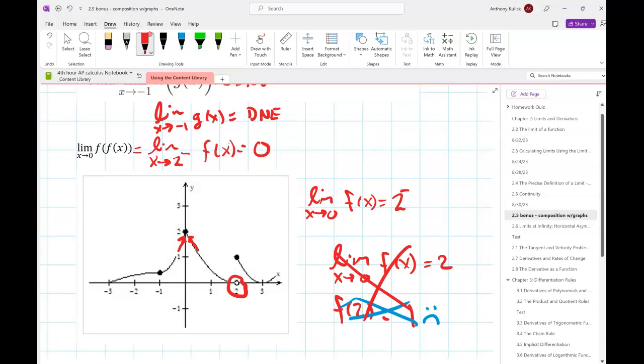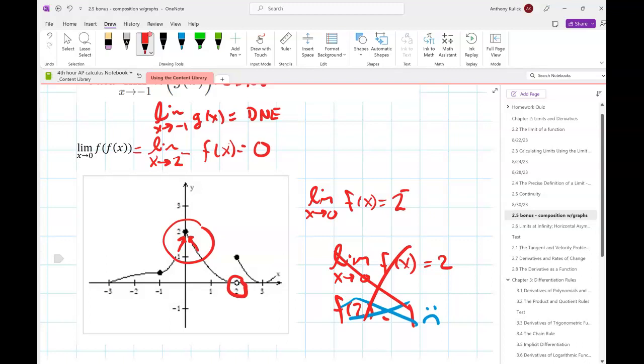Wait, so, sorry, can you repeat it one more time? So why is it just 0? So if I look at the limit of the inner, we're approaching 2. But we're always approaching 2 from below. We're coming from values that are less than 2 up to 2, right?